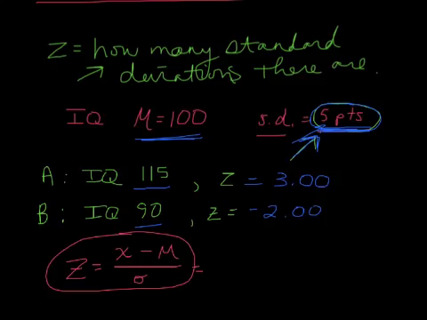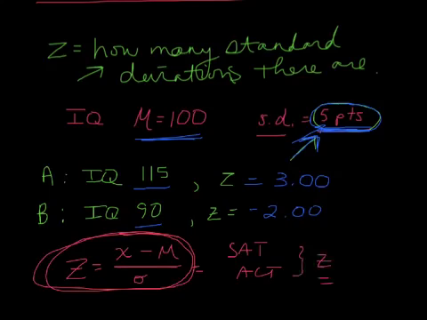But if you calculate the z-score for both students using this formula, now they're both in terms of a z-score, and I can compare the two students. So that's why it's important. You need to know that formula. That's one of our skills for Chapter 5.